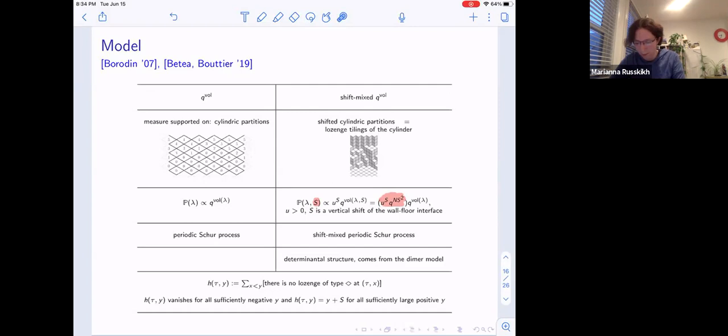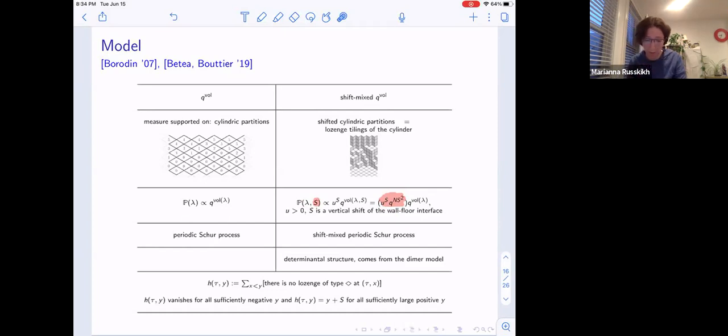There are a few reasons why it is natural to think about a cylindric partition together with a shift, and why it is natural to choose a shift distributed as shown here.